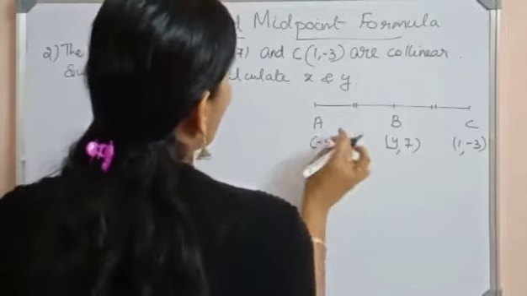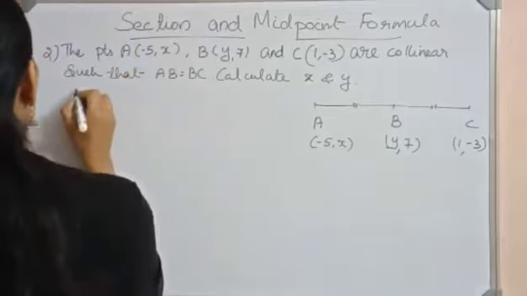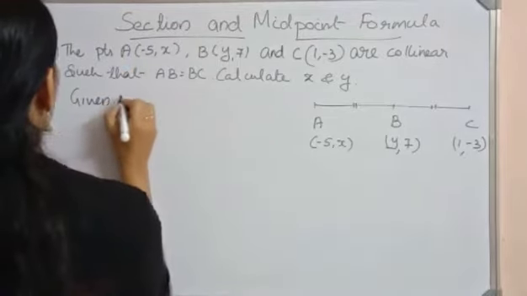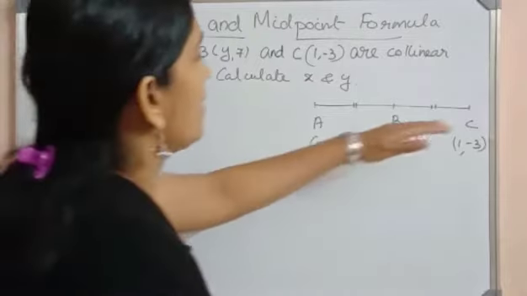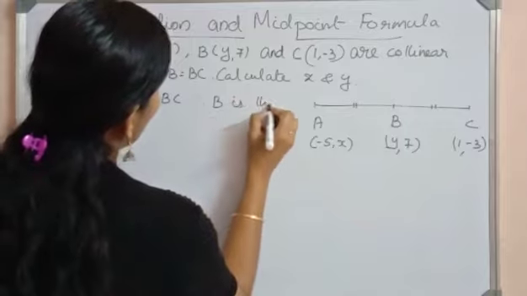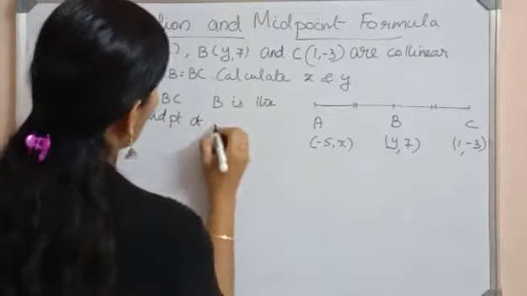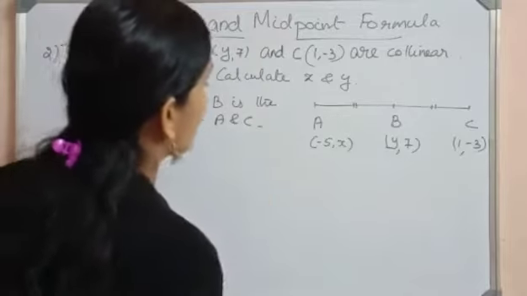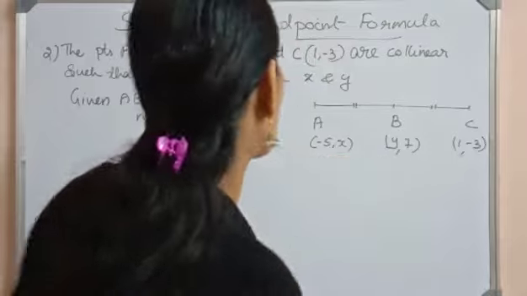Here AB is equal to BC. It is given AB is equal to BC. This means that B is the midpoint of A and C. Now by using the midpoint formula, we can find the value of x as well as y.